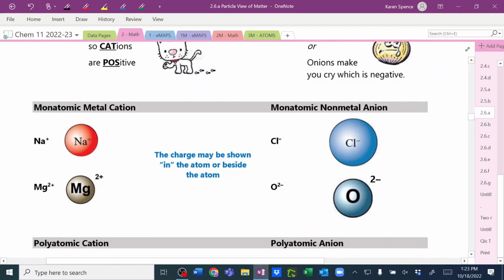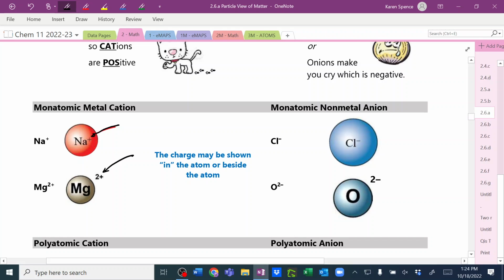So here we have some monatomic ions. We have monatomic metal cations. So we have sodium, which is Na+, and you'll notice that sometimes we put the charge inside the atom, and sometimes we put the charge outside the atom when we're drawing a picture. That just really depends on the artist's preference.